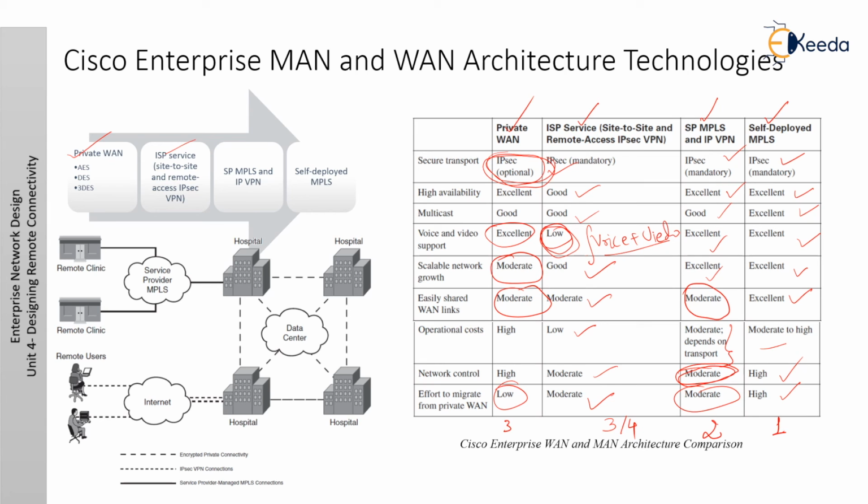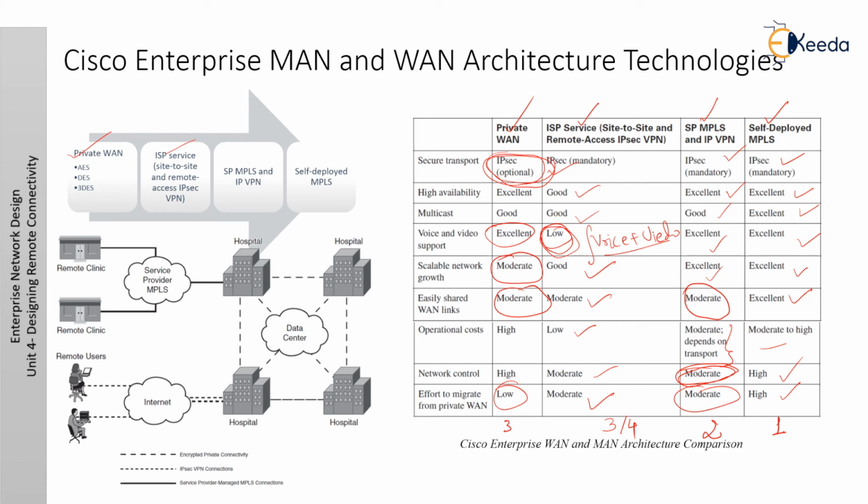Relatively low monthly carrier fees make this technology appropriate for businesses seeking to connect a high number of teleworkers, remote contact center agents or small remote offices over a geographically dispersed area. But if we consider voice plus video integration, then we choose private WAN. Otherwise, this technology is good.